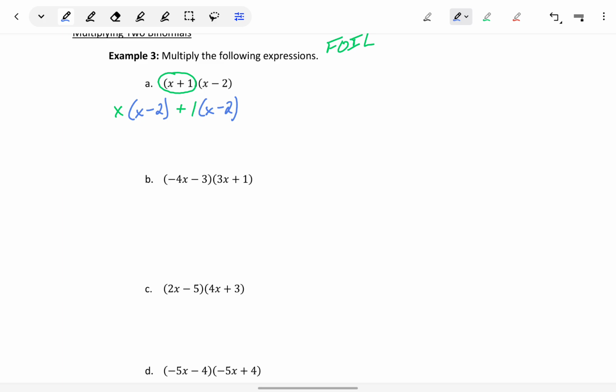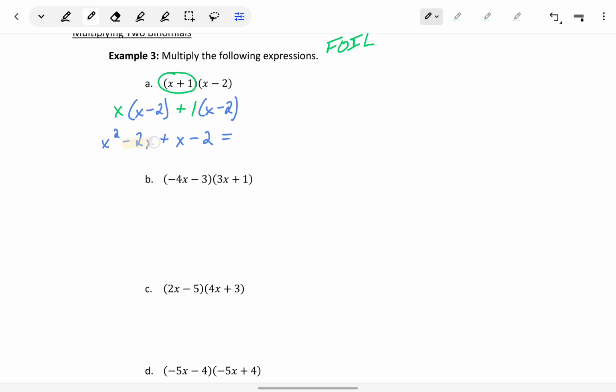Now we just need to distribute through and then simplify what's left over. So we'll take x and distribute it through this x minus 2 to get x squared minus 2x, and then we'll take 1 and distribute it through, which doesn't really change anything, to get plus x minus 2, and then we'll look at combining our like terms.